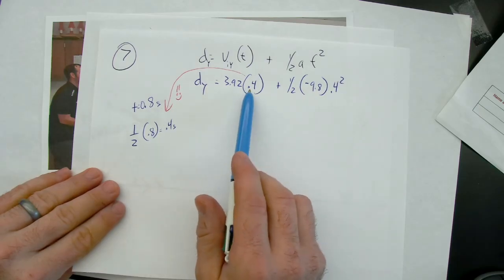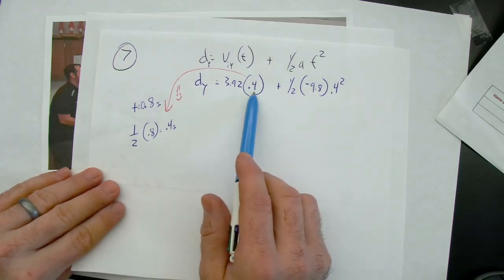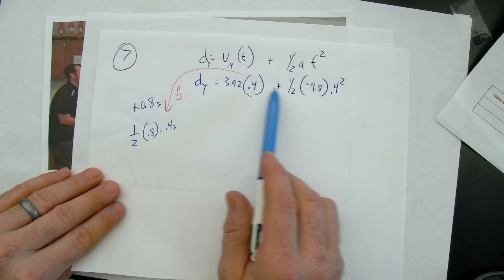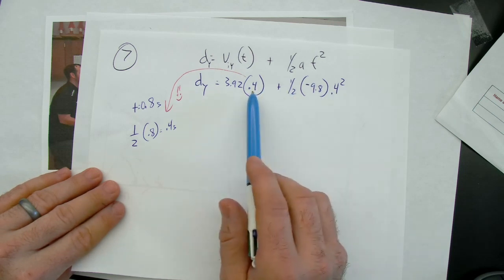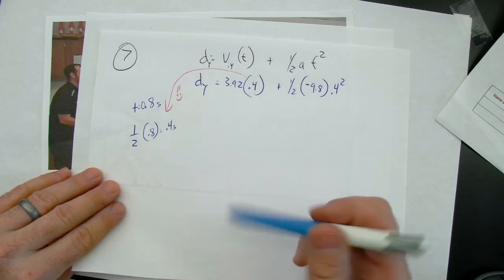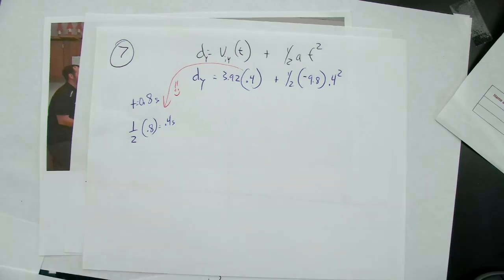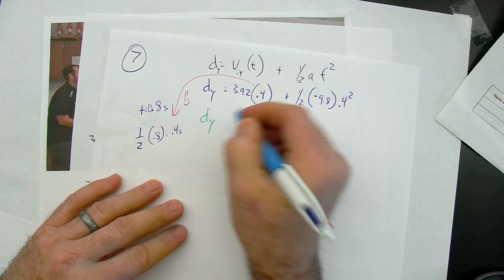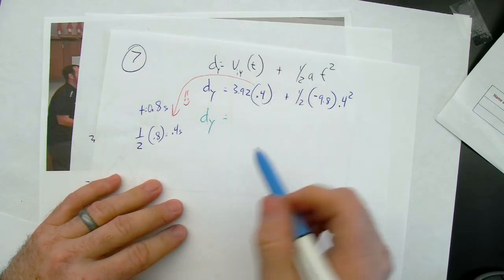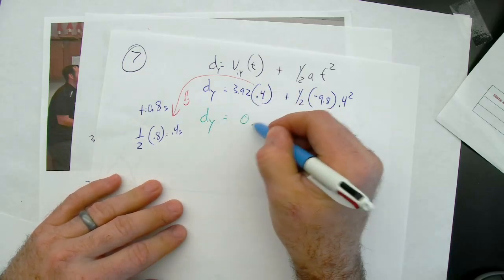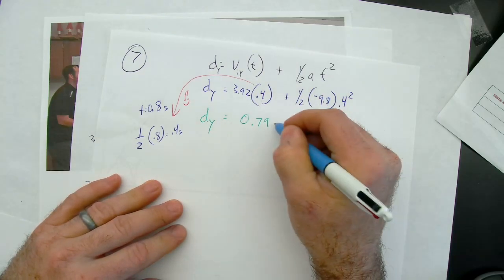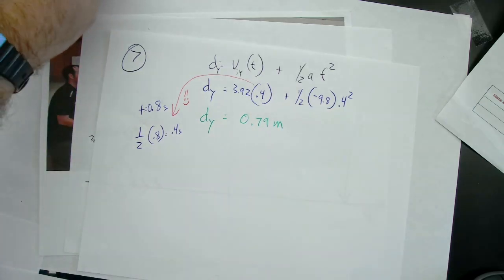This is a common occurrence that you have to bear in mind with projectile motion. Sometimes it's half. That's why I put in 0.4 for time. Then it's as simple as solving this and putting this together. And we should find that the distance on the y, or the max distance, is going to equal 0.79 meters.